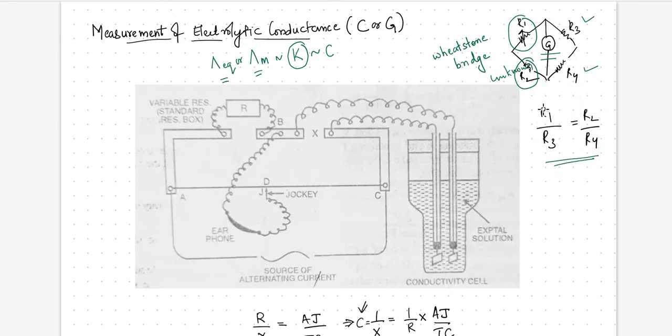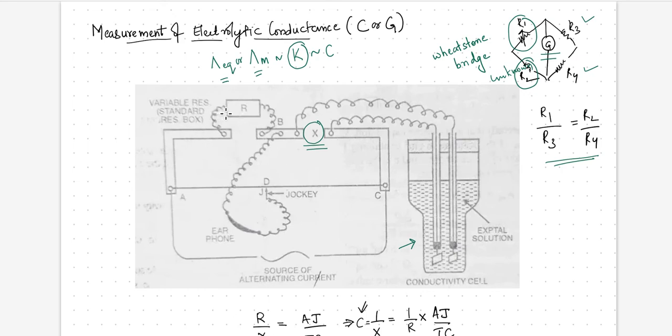The same kind of relationship we use here to determine the conductance of this electrolytic solution. You have this electrolytic cell connected here, given a term X, which is unknown. So this conductance we don't know.